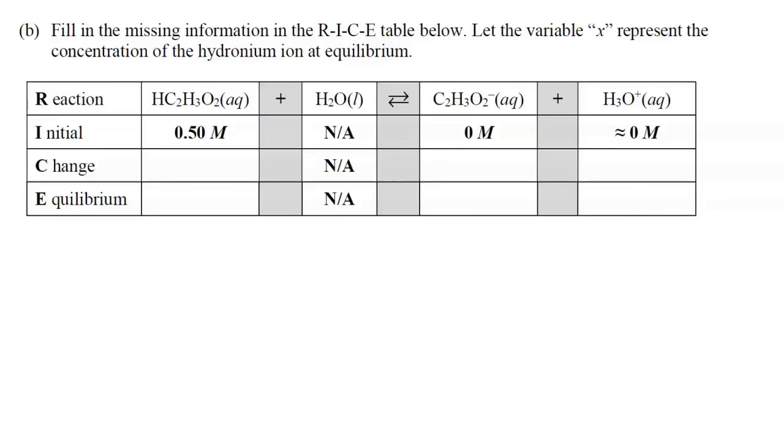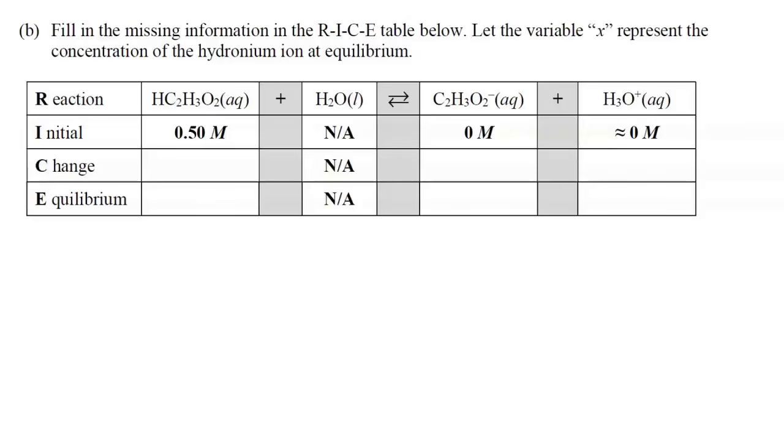For the hydronium ion, I have written approximately 0, because technically in pure water, there is a little bit of the hydronium ion. In other words, in pure water, the pH is 7 at 25 degrees Celsius. So technically, the concentration of the hydronium ion is not 0, but it's 1 times 10 to the minus 7. Because it's a very, very small number, that's why I've written approximately 0.